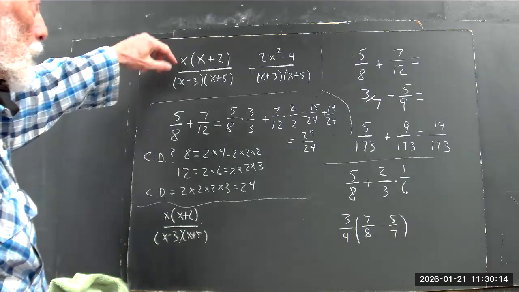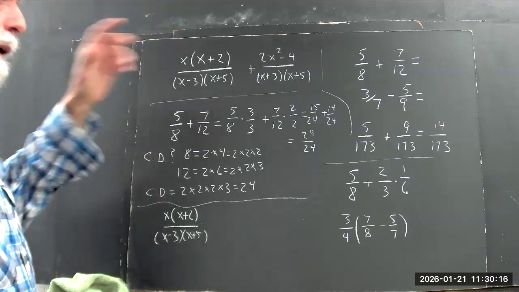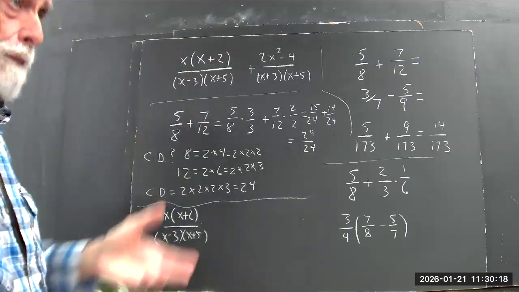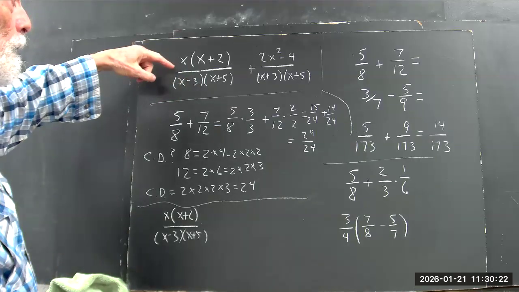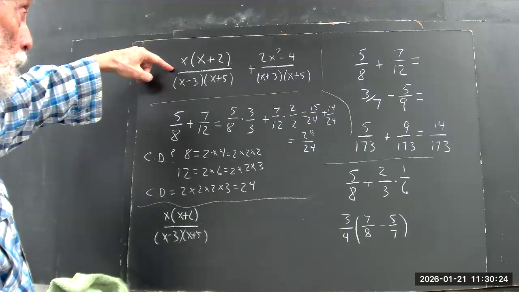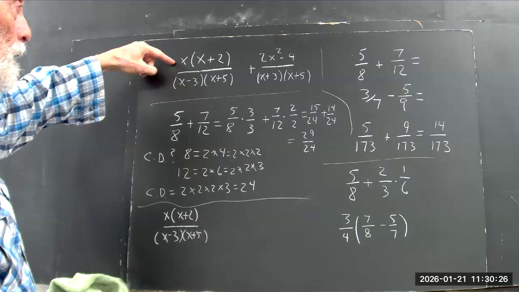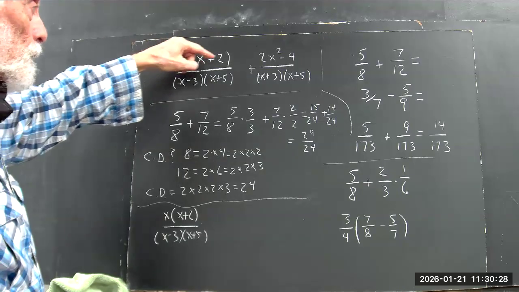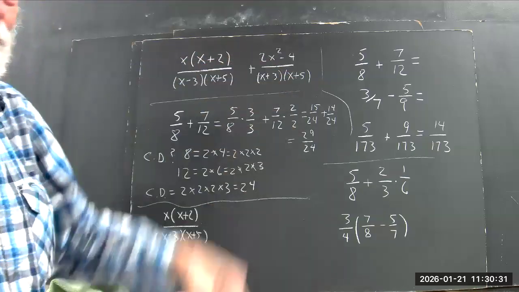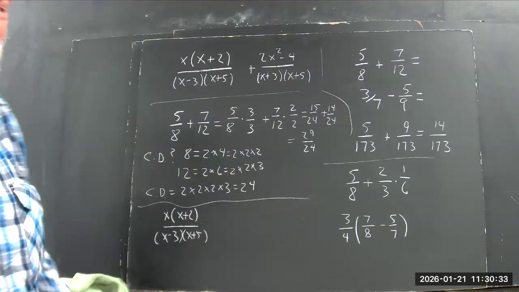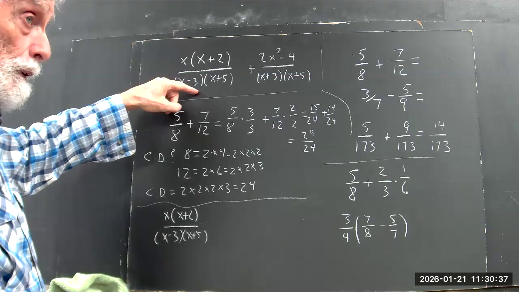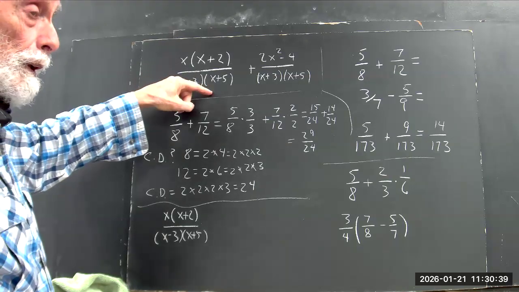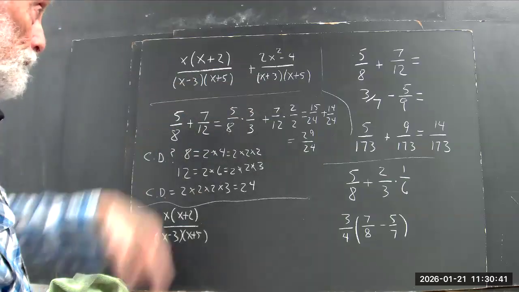Okay, right here, we have our first term. Now, the expression is this. The first fractional expression has a numerator of x times the quantity x plus 2. The denominator is the quantity x minus 3 times the quantity x plus 5.